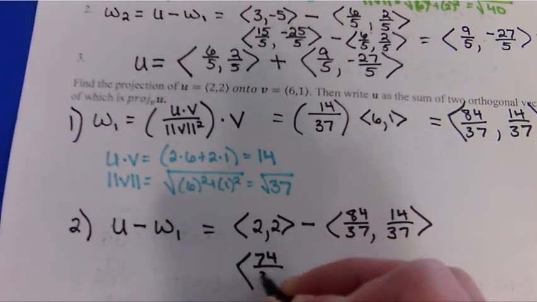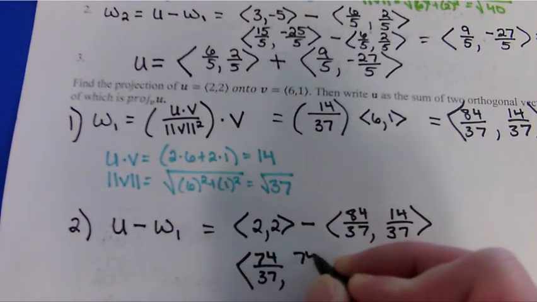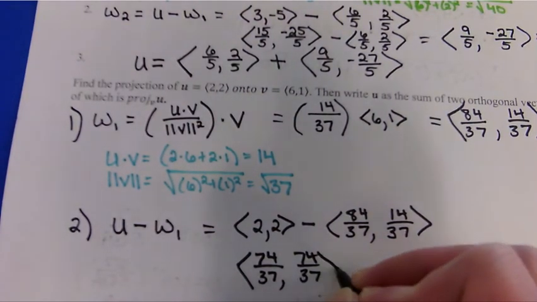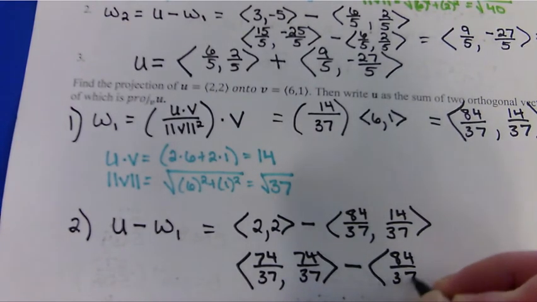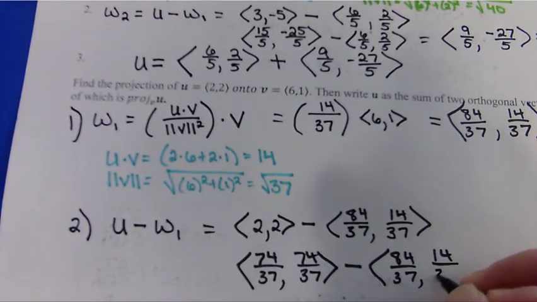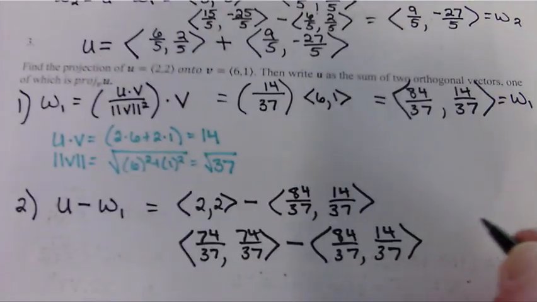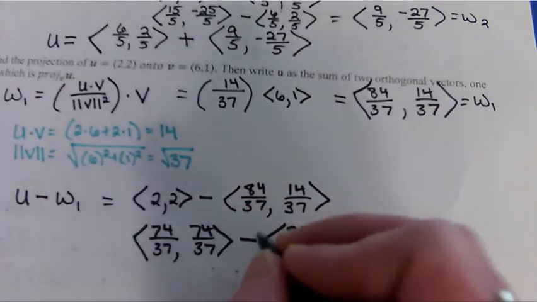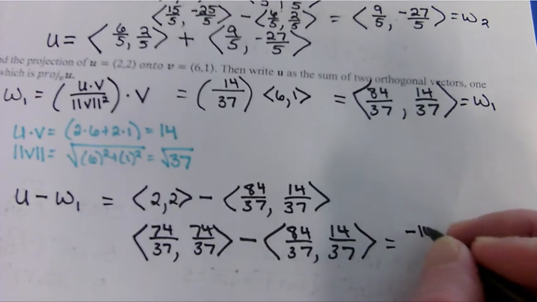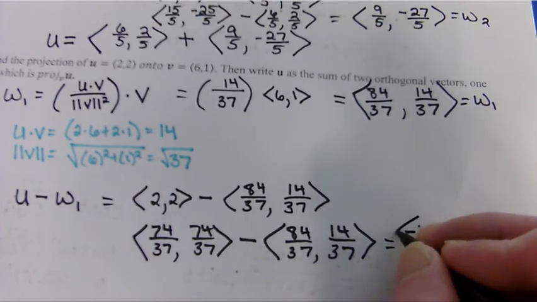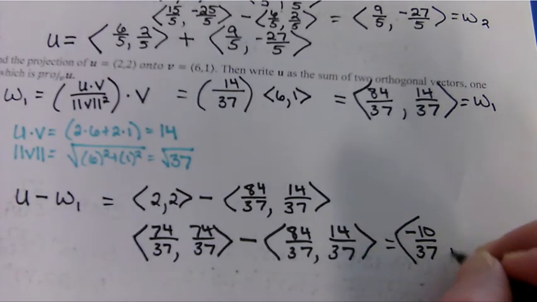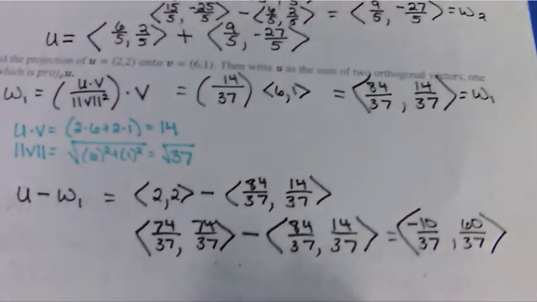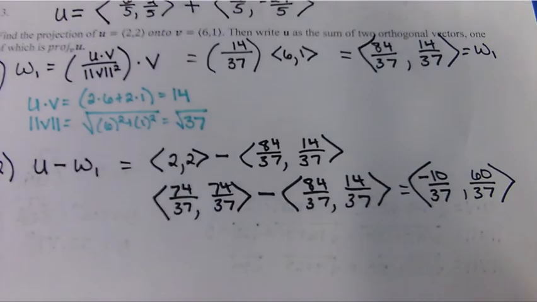So 74 over 37, 74 over 37, minus 84 over 37, and 14 over 37. When I subtract, 74 minus 84 is negative 10. Then 74 minus 14 is 60. And that's w2.